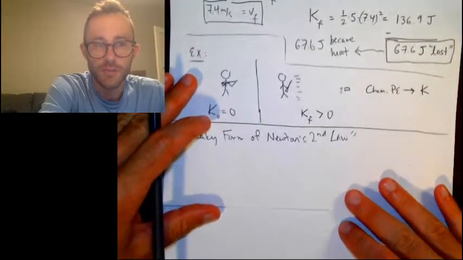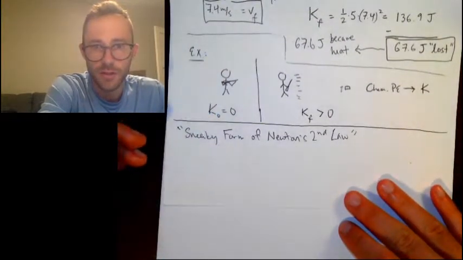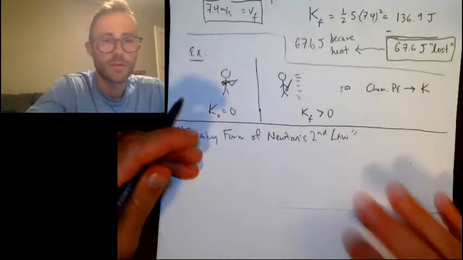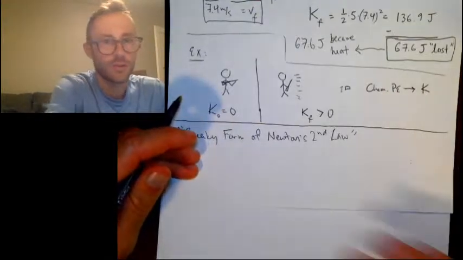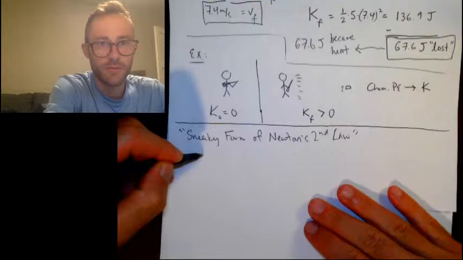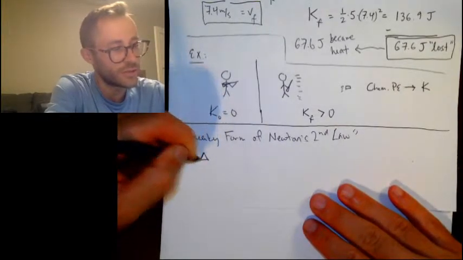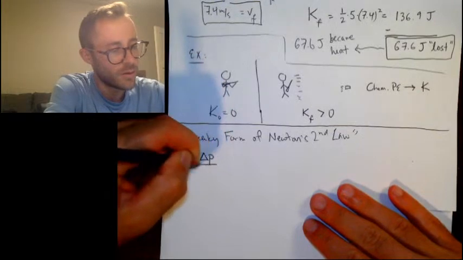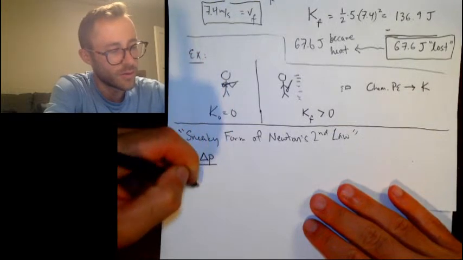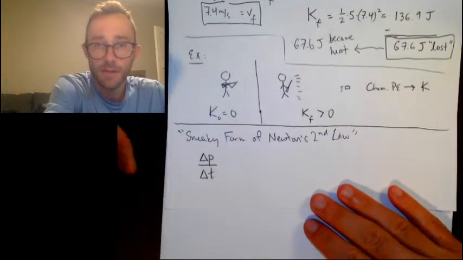The sneaky form of Newton's second law. So the way it works is I'm going to start off with an expression for the change in momentum over the change in time. Okay?